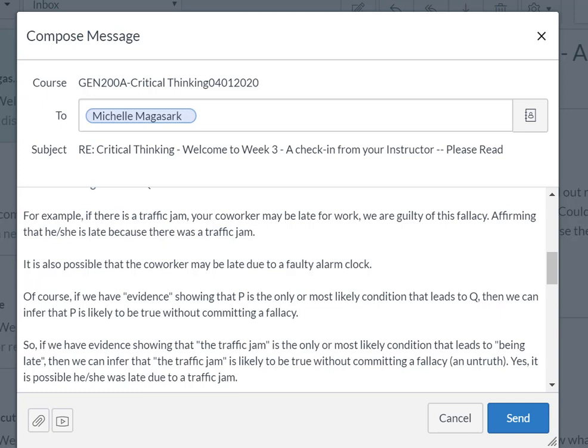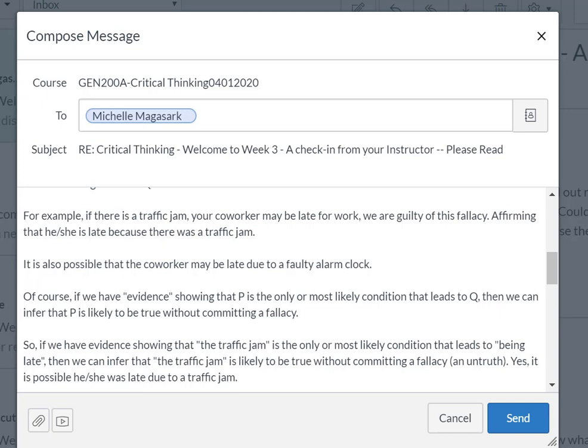It is also possible that the coworker may be late due to a faulty alarm clock. We're making the assumption that the most logical explanation, in our view, would be a traffic jam, but it might not. It might be a faulty alarm clock. Of course, if we have evidence, that's the key.